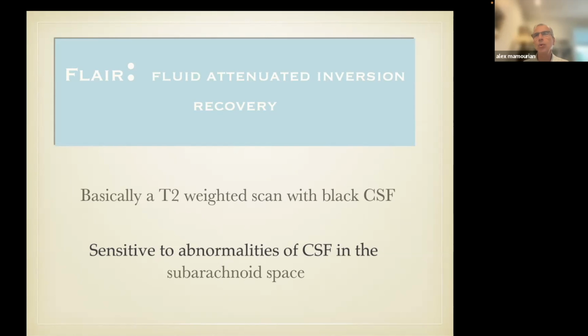I also want you to keep in mind that FLAIR is not T1 weighted or T2 weighted, it's both. It's T1 weighted in the fluid and T2 weighted in the brain. So things that are bright in the parenchyma of the brain are because of changes in T2 relaxation, whereas changes in the CSF are due to changes in its T1 relaxation.